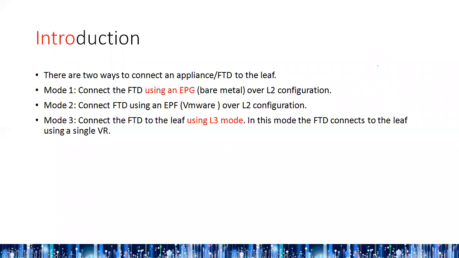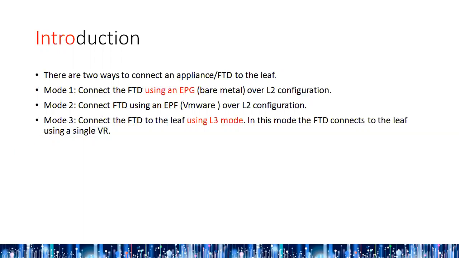We are aware that an appliance can be attached to a leaf, an FTD, like a Cisco FTD firewall, or any appliance, any networking device can be connected to a leaf within an ACI fabric using three modes.